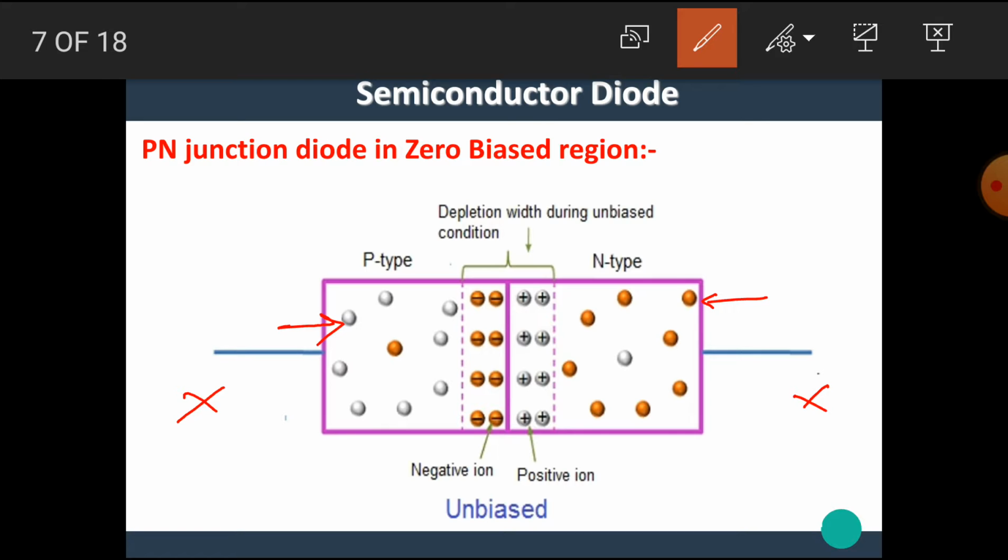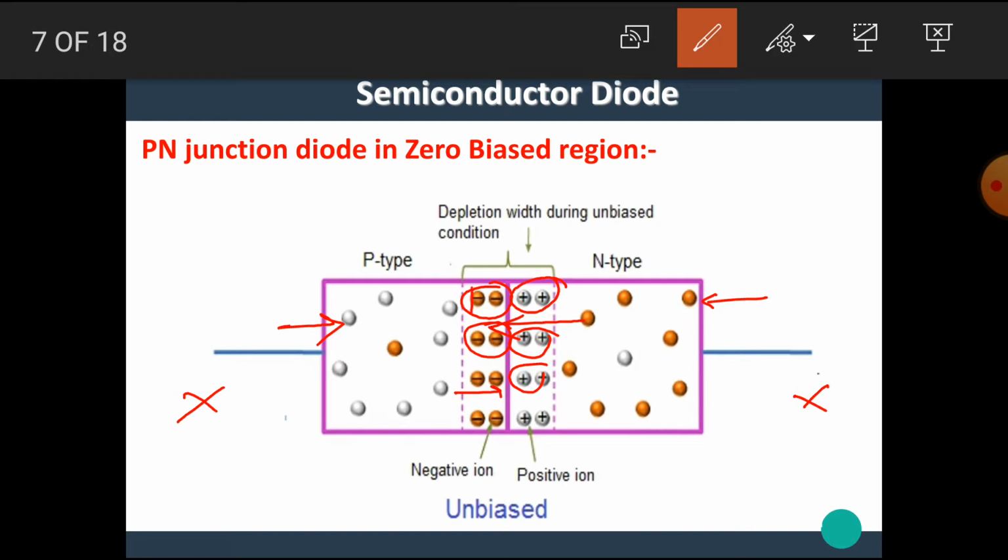The electrons in the n-type material jump across the junction, enter the p-type region, and become an immobile negative ion. Similarly, the holes cross the junction, enter the n-type region, and become a positive immobile ion at the n side.